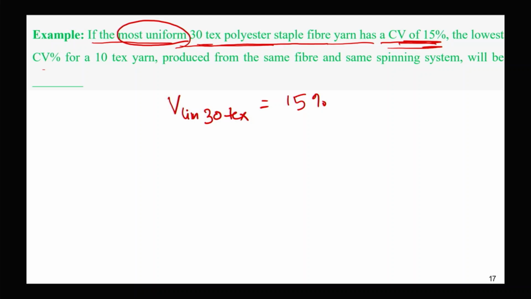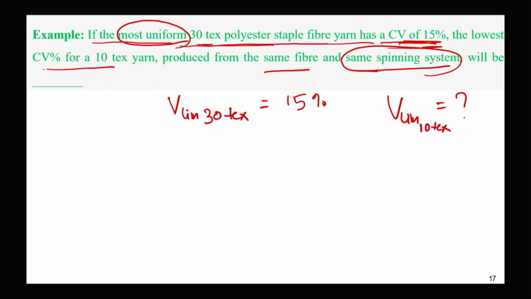Now what we want to do is calculate the CV limit for 10 tex yarn. This is the condition from the same fiber and the same spinning system. The spinning system is running perfectly, there is no problem, that's why it's producing the lowest yarn CV.